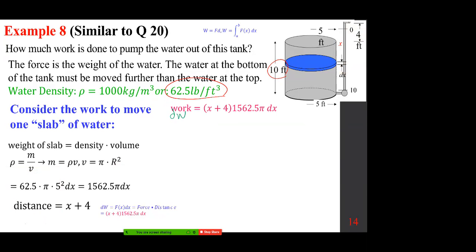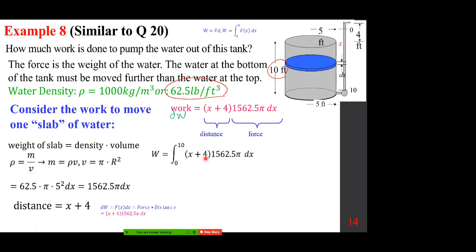And so work is the same thing. This is the distance. This is the force, and the work, okay, from 0 to 10. The rest is easy. It's basic integration.